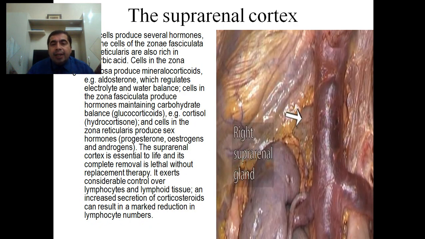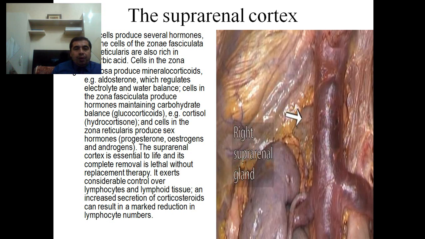About the suprarenal gland, it has the cortex and it has the medulla. The cortex develops from the mesoderm and the medulla develops from the ectoderm. The cortical cells produce several hormones, and the cells of the zona fasciculata and reticularis are also rich in ascorbic acid.